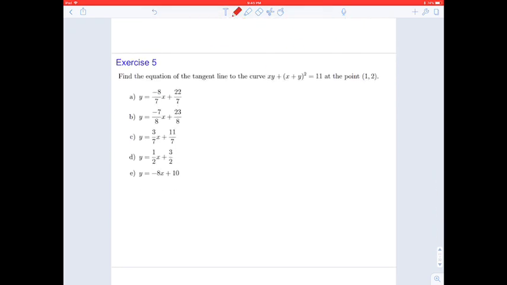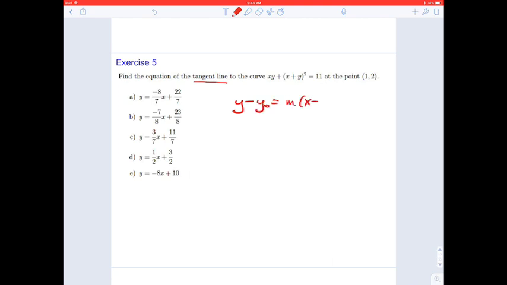Almost the same thing, but a little bit of application. Find an equation of the tangent line to the curve xy plus x plus y squared equals 11 at the point (1, 2). This means we know that the equation of the tangent line needs a slope. That means I can possibly write point slope form.